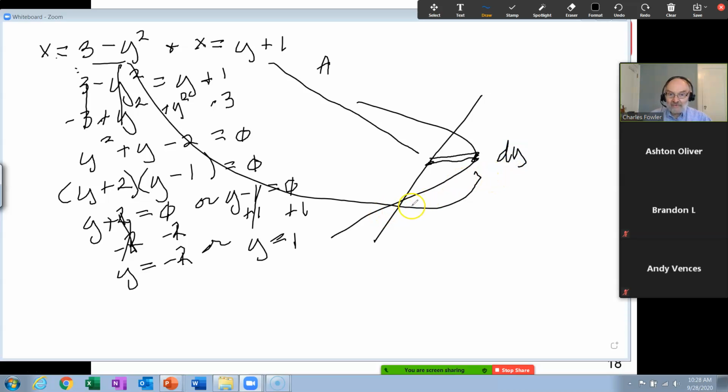Okay, and we're integrating from y is equal to minus 2 down here, to y is equal to plus 1 up here. Now this is without a graph at all, but just the general idea of where it's going. And you're looking at y values. These are y values, this is a dy, this should all be in terms of y. So the area will be the integral from minus 2 to 1 of the far to the right, that's 3 minus y squared, minus the 1 to the left, that's y plus 1.